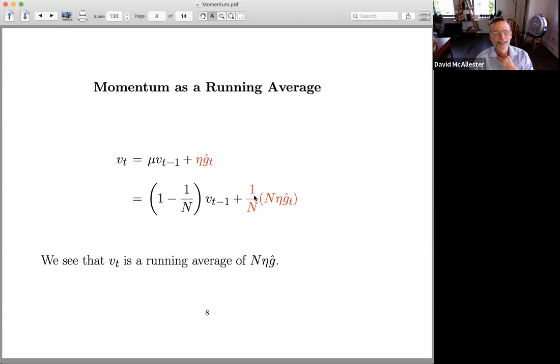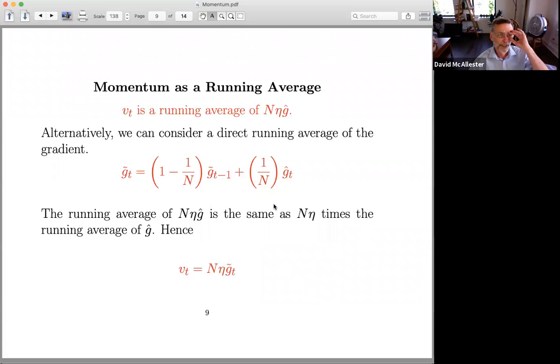Let me say it again. The standard equation for Vt is equal to defining Vt to be a rolling average of n times eta gt. That n times is important in that rolling average. We can alternately, or more intuitively, just take a rolling average of the gradient. Rolling averages are very intuitive, right? You're just taking an average over the recent times.